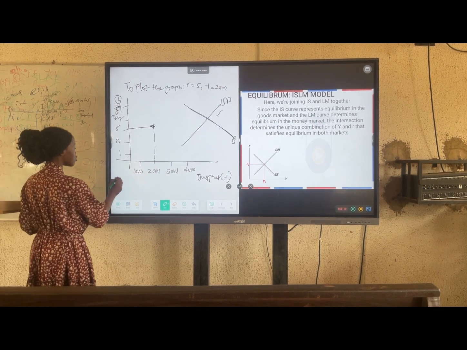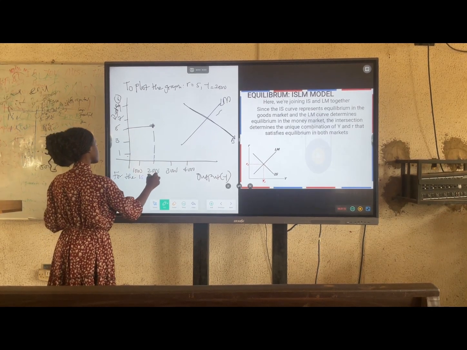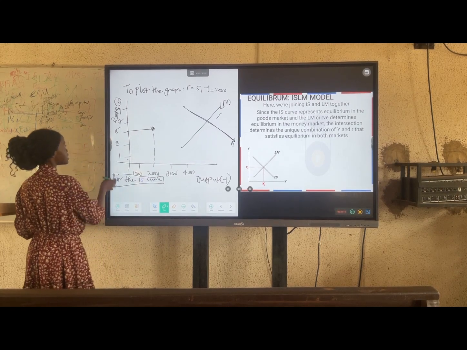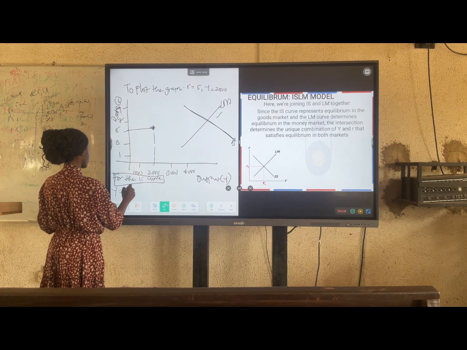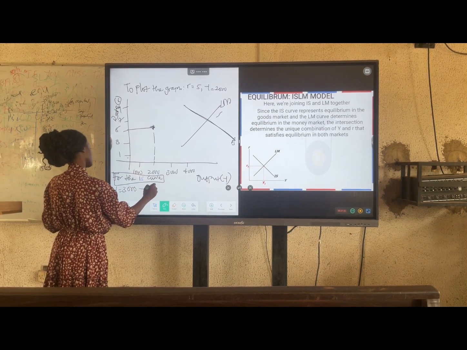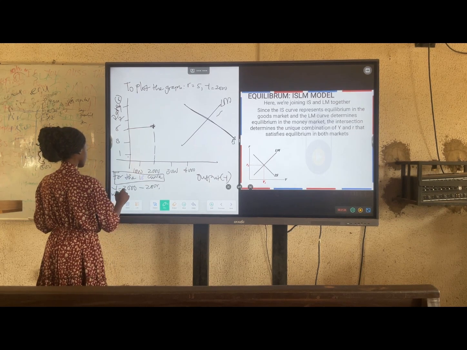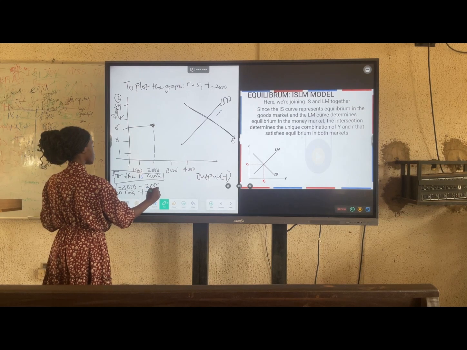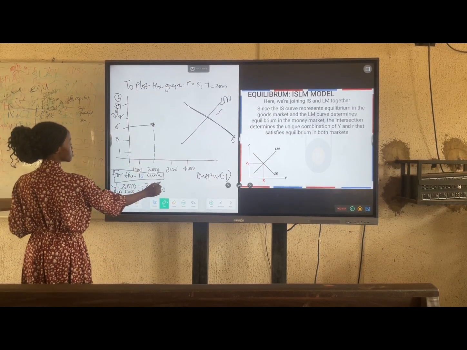For the IS curve, as for the output function, we have 3000 minus 200R. I'm going to be getting the intercept. So when R is 0, we have our Y to be 3000. That's the Y intercept. The Y is basically for the output.